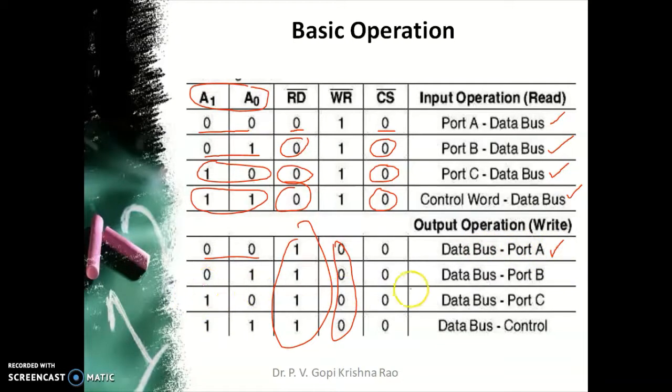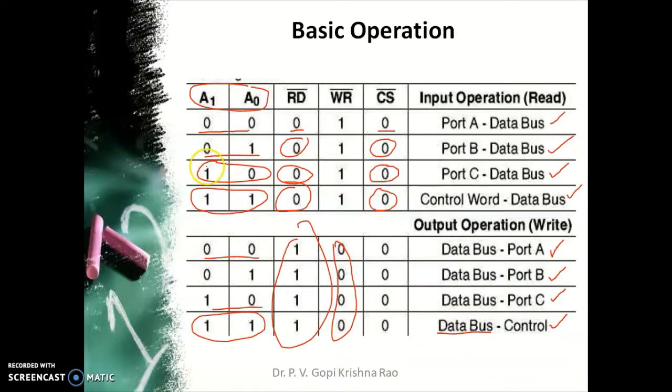If it is 01, you are writing to a peripheral device connected to port B through the data bus. When it is 10, you are writing to a peripheral connected to port C through the data bus, and when it is 11, you are actually writing into the control word register of 8255 through the data bus.